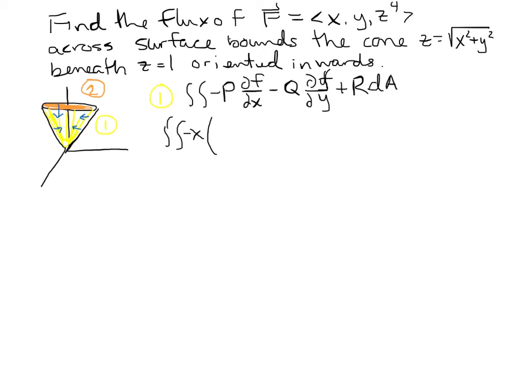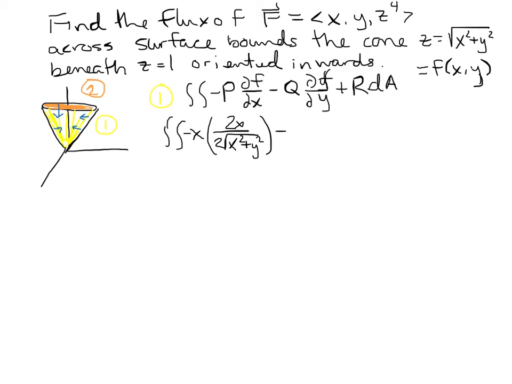And in this case, z is equal to f. So f of x, y is that square root function. So if we take the derivative of that square root with respect to x, on the top we'll have 2x, and on the bottom we'll have 2 times the root of x squared plus y squared.